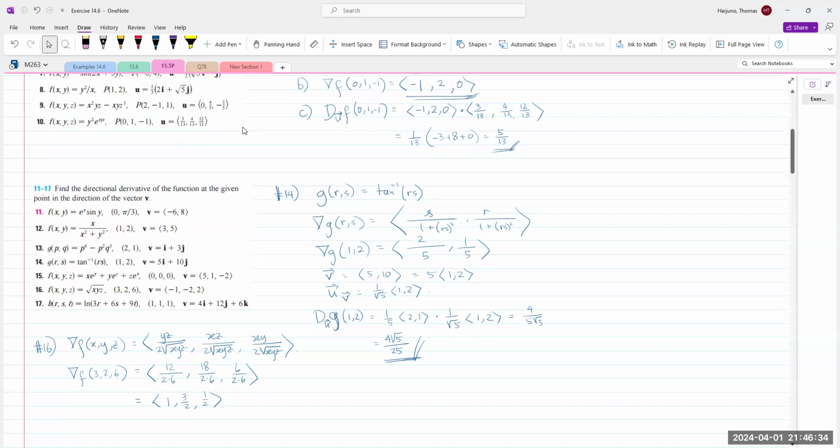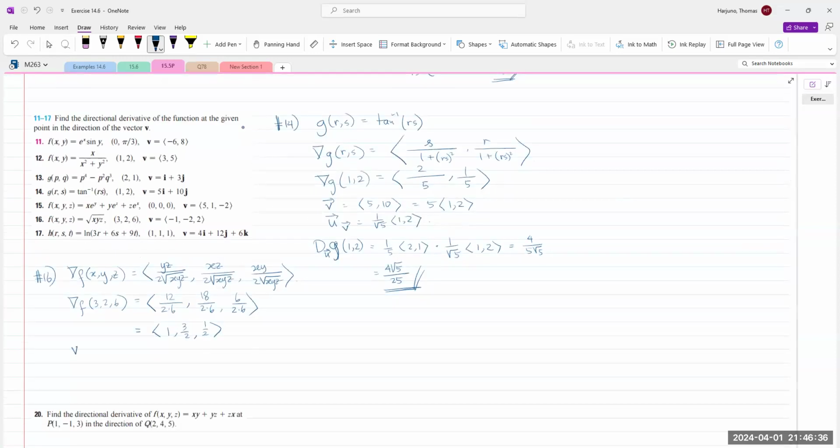Now vector v is given by (-1, -2, 2). So the unit vector of v, the length is 9, right? I'm sorry, the length is 3, so the unit vector is 1/3 times (-1, -2, 2). I prefer to write it that way.